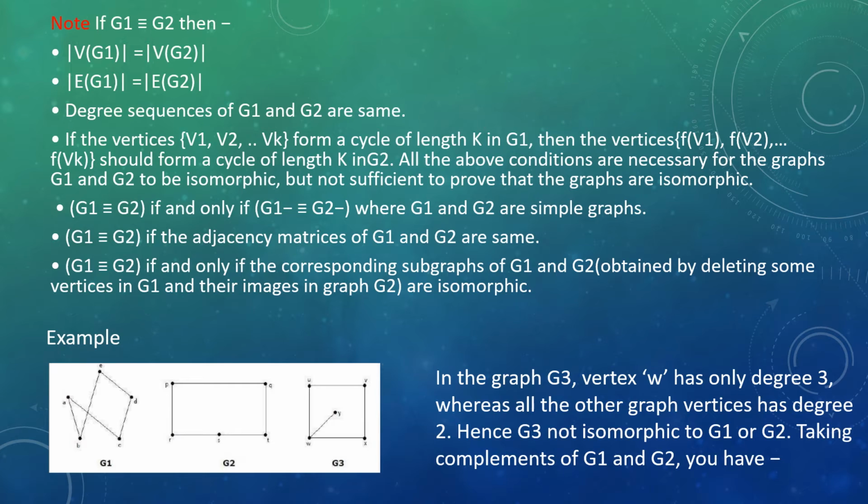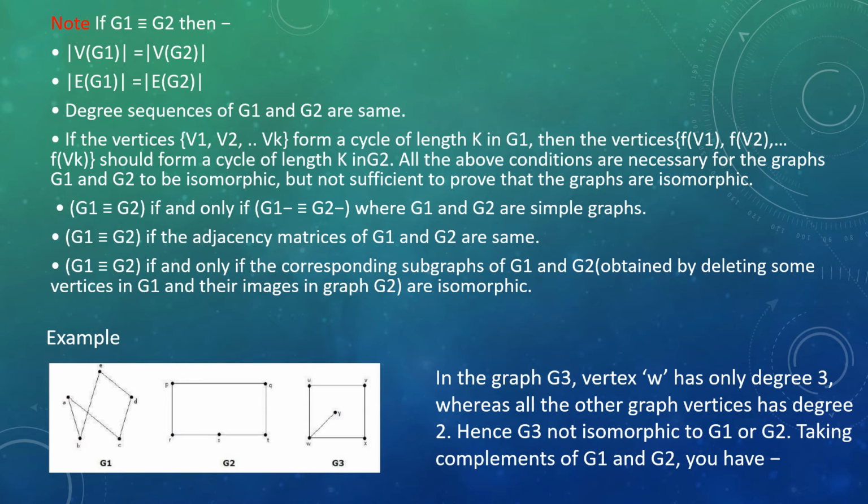If the vertices V1, V2, and so on up to Vk form a cycle of length k in G1, then the vertices f(V1), f(V2), and so on up to f(Vk) should form a cycle of length k in G2. All the above conditions are necessary for the graphs G1 and G2 to be isomorphic, but not sufficient to prove that the graphs are isomorphic.